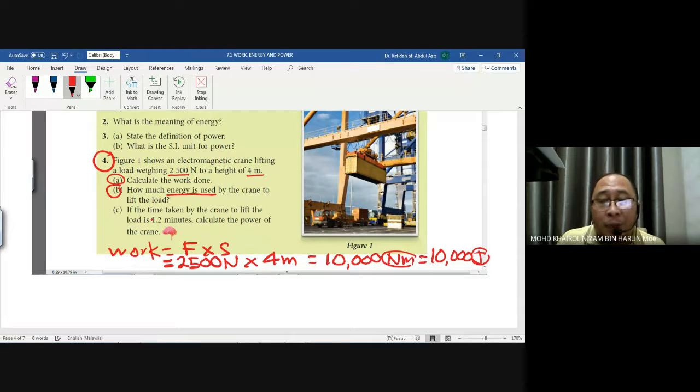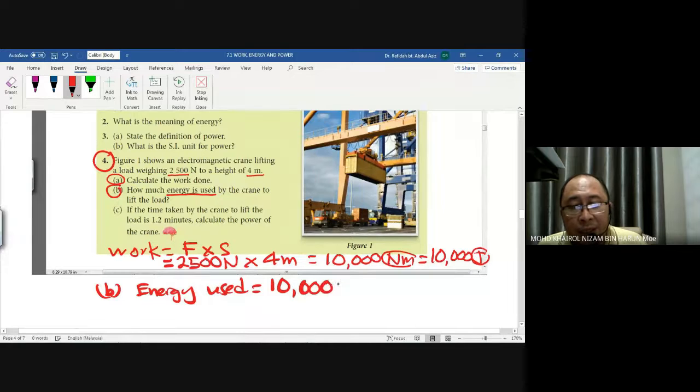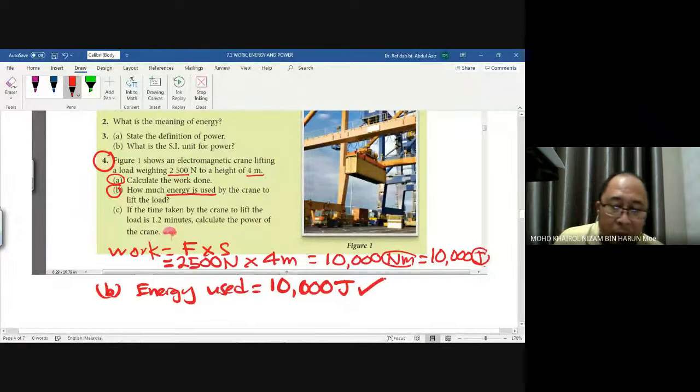So when any work is done, the value of that work is exactly the value of energy to do that work. So for question B, energy used is the same as the work done. So the work done here is 10,000 Newton meter or 10,000 joule. That is how to calculate.